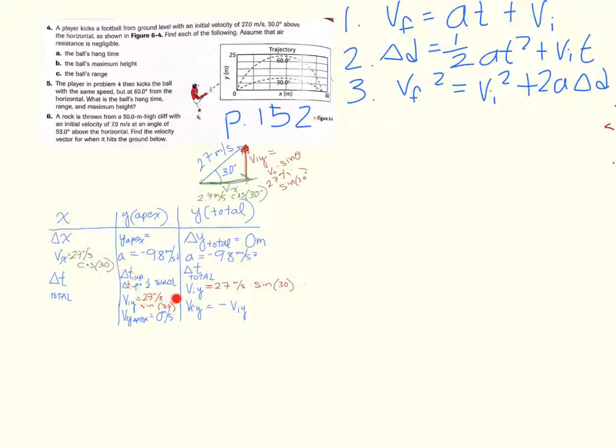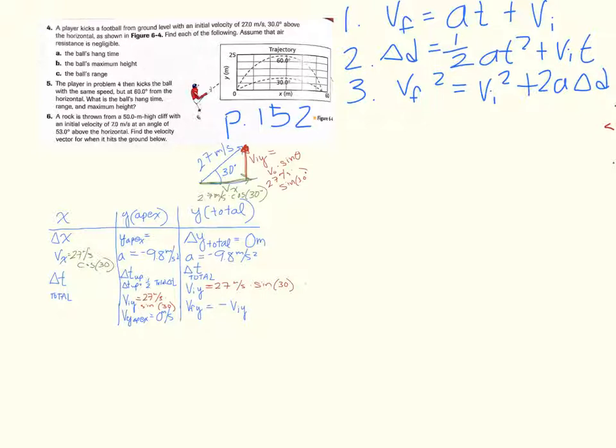So I would just need to divide by 2 in order to get that time. So I could use this equation here, number 2, and I can also use number 3. Because I know that my final velocity is 0 at the apex. I know my initial velocity is 27 times sine of 30, and I know my acceleration. So it's just a matter of which equation you want to use the most.